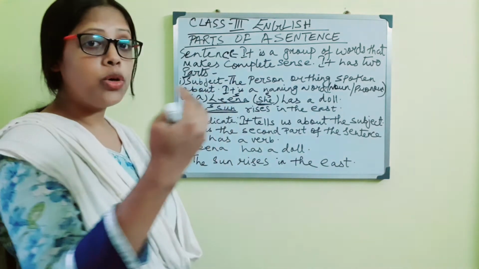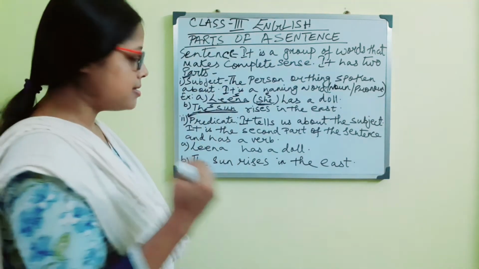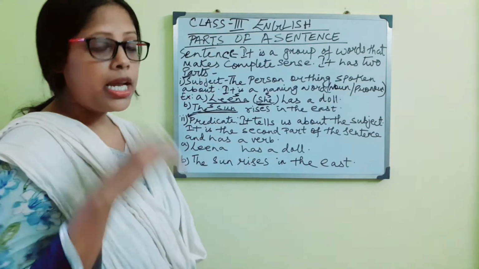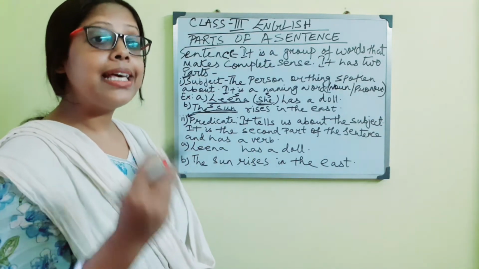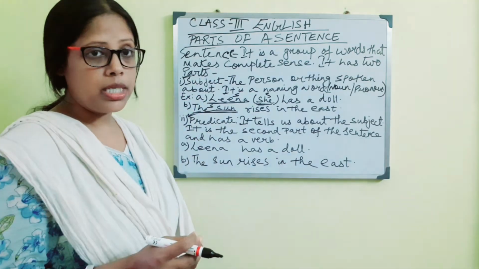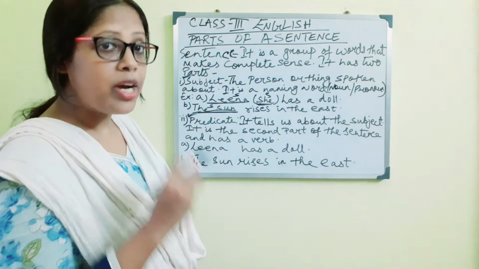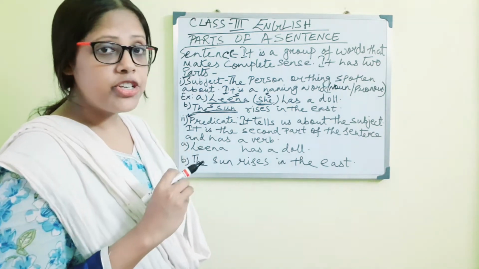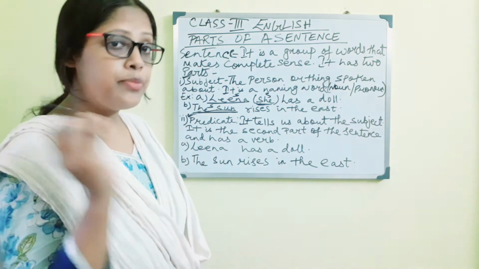Now, let us go to the second part of the sentence. The second part of the sentence is the predicate. Now, what does the predicate do? It tells us about the subject: what the subject is doing or what it has. That means it is giving us information regarding the subject.